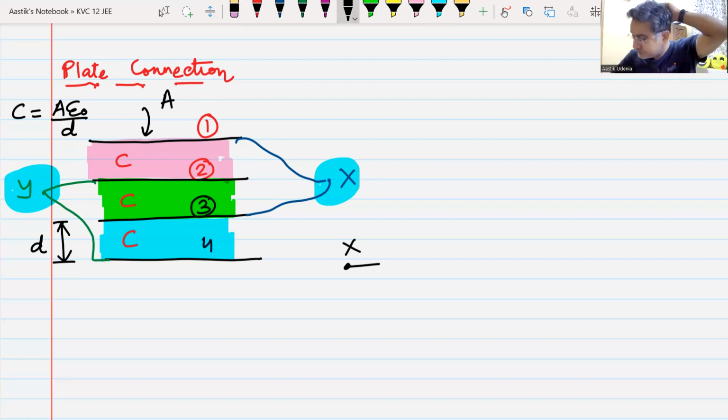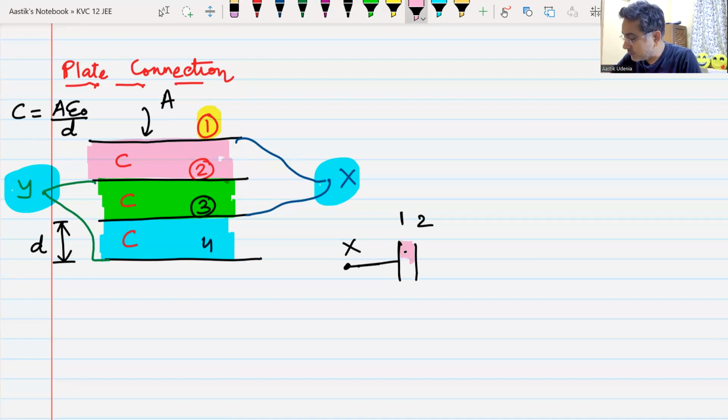Now, you can see plate number 1 is connected to point X. So I connect plate number 1 to point X, and plate number 1 and plate number 2 make a capacitor. So I make this capacitor. So now I have here the blue capacitor. Now I have the pink capacitor here. Do we understand how I got this? Yes or no? Yes, sir.